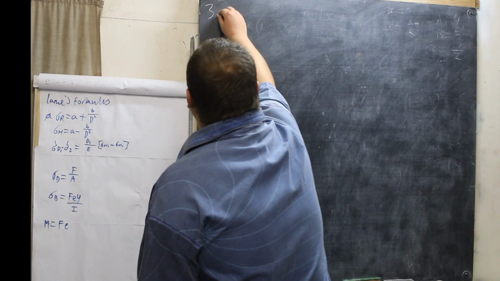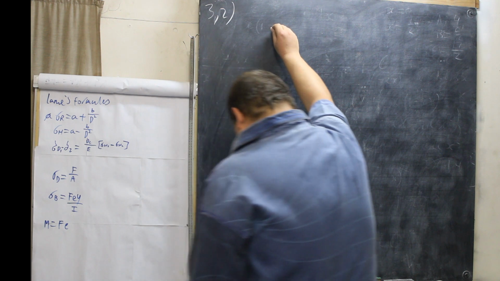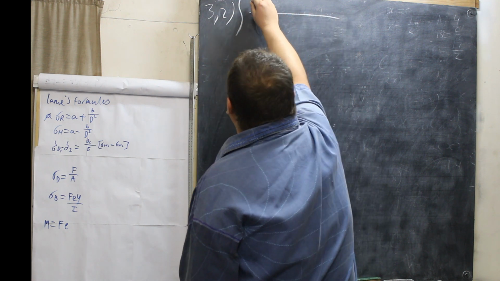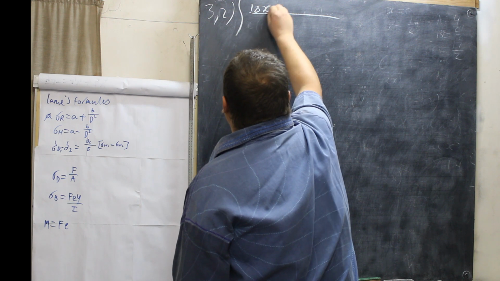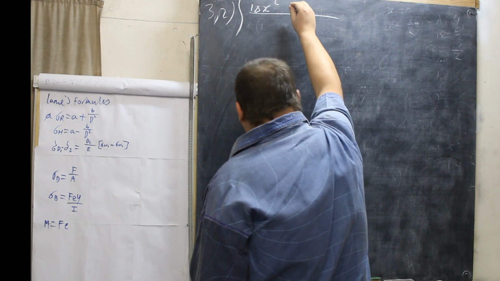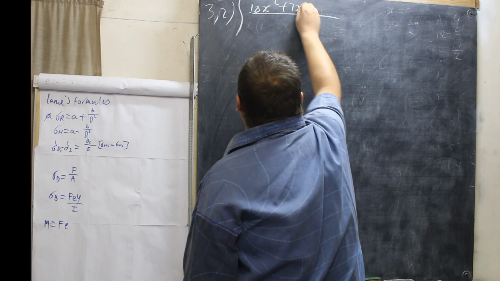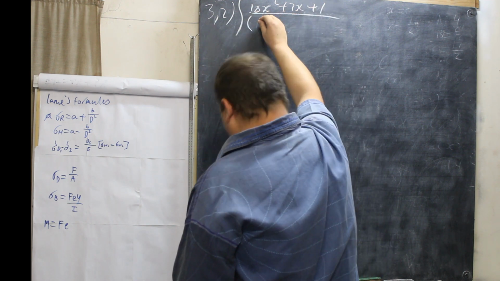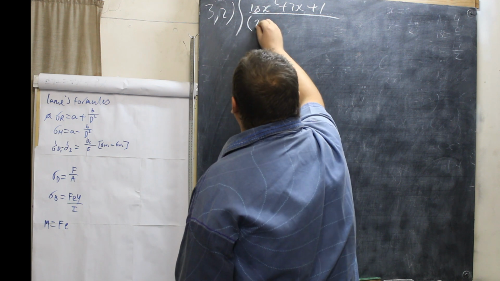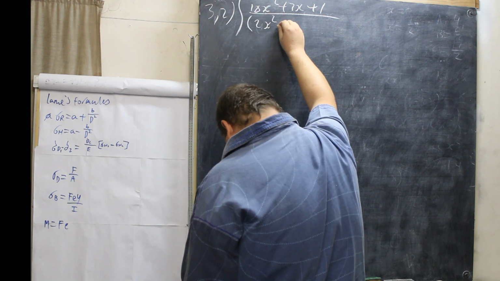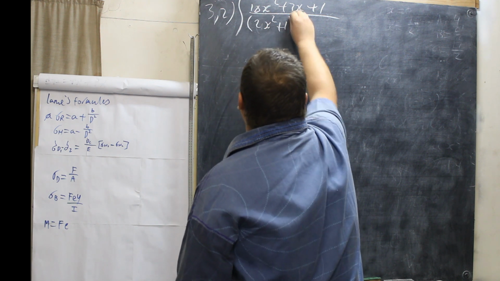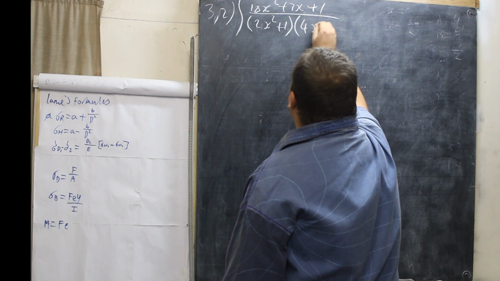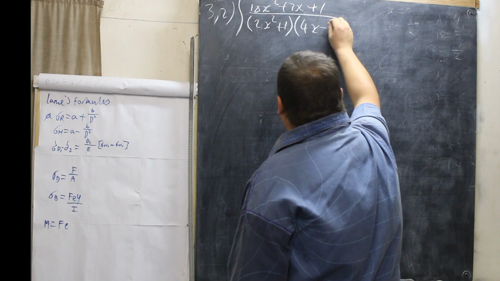Now we're going to do 3.2. Okay, the integral of 10x squared plus 7x plus 1, over 2x squared plus 1 times 4x minus 1.